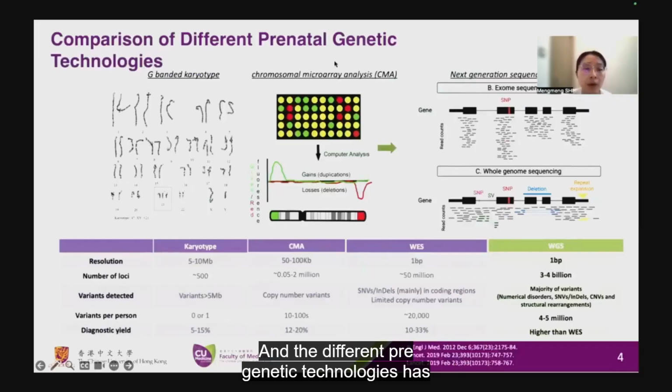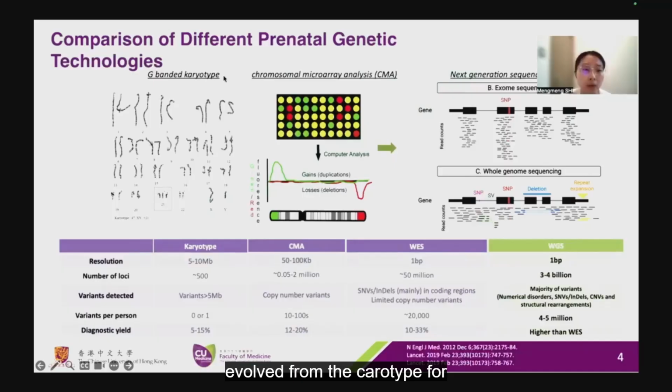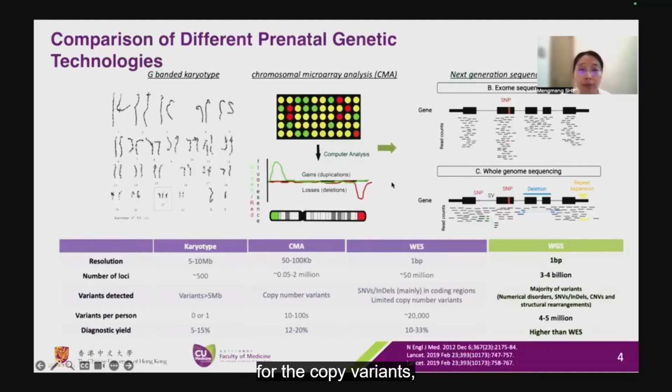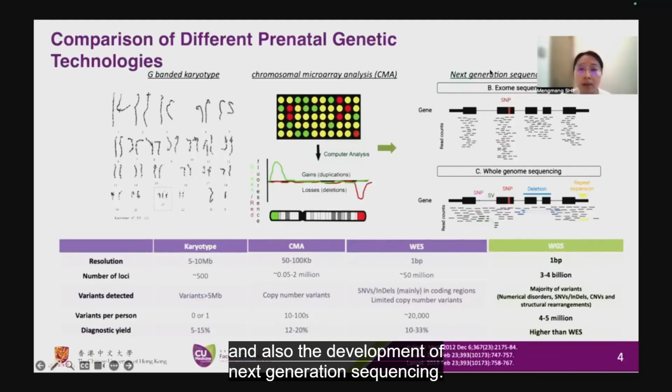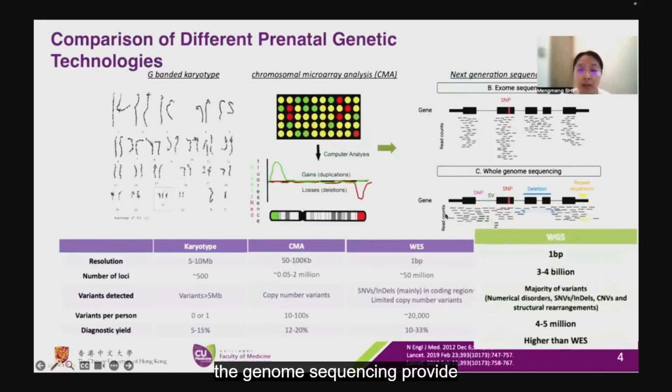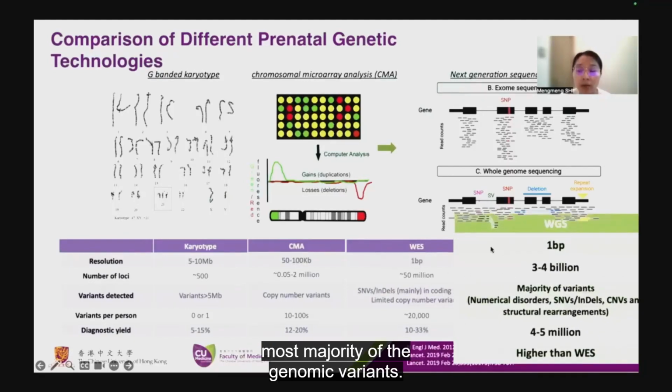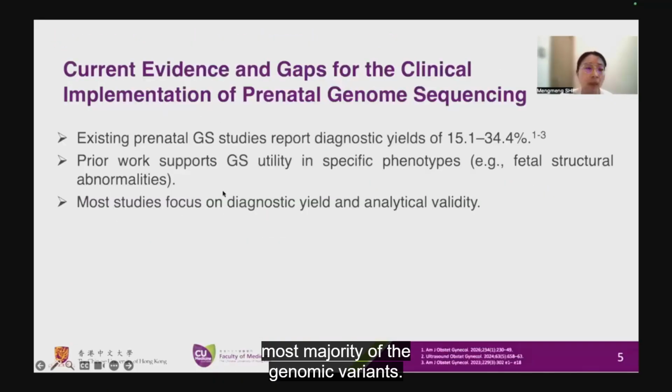The different prenatal genetic technologies have evolved from the karyotype for the common chromosomal anomalies to the CMA for the copy number variants, and also with the development of next generation sequencing. And compared to the other technologies, genome sequencing provides a more comprehensive testing of the majority of the genomic variants.